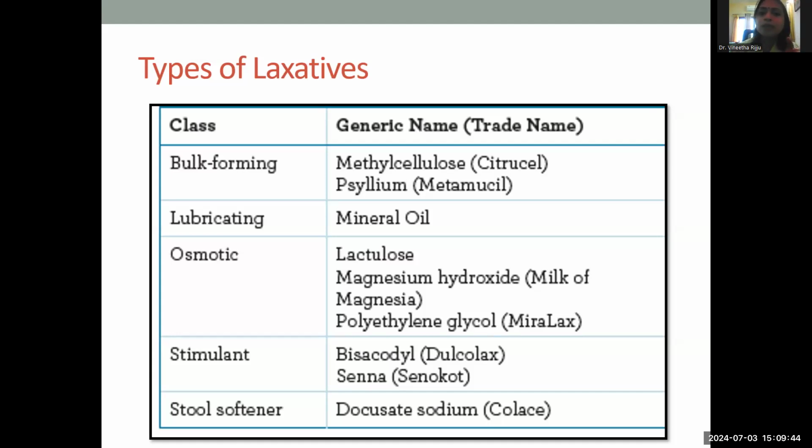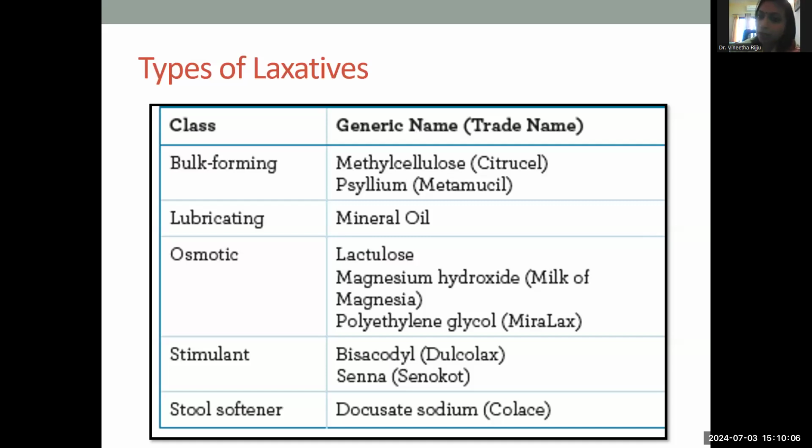Okay, bulk forming laxatives are also good, but one thing you need to know, if it is just a plain laxative, it is okay. It helps to increase the bulk of the stool, and that itself will help to induce contractions in the intestinal wall, which will help in the further propulsion of the fecal mass.